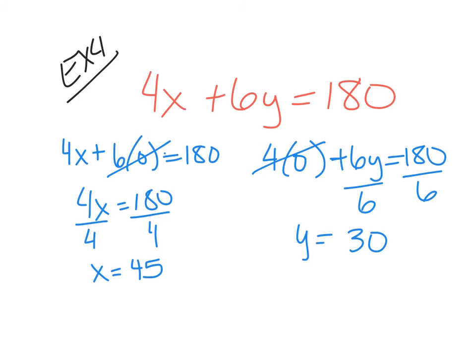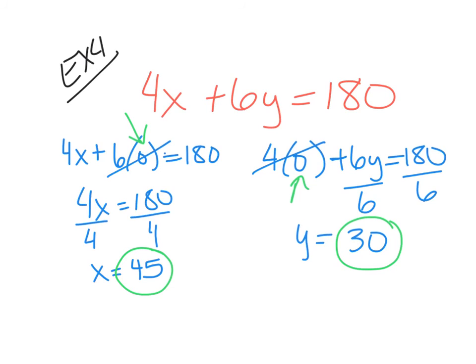So interpret this with me. When I'm looking at how many tables I'm going to get, the x-intercept represents me not renting any of the 6-person tables, right? Because I put my 0 here. So I'm getting 0 6-person tables, and I can get 45 4-person tables. On the other side, if I get 0 4-person tables, I can rent 30 of the 6-person tables.